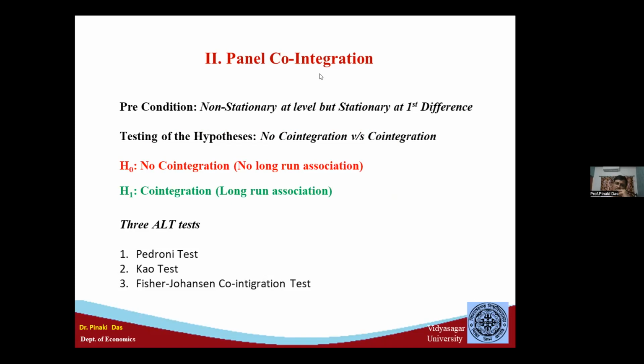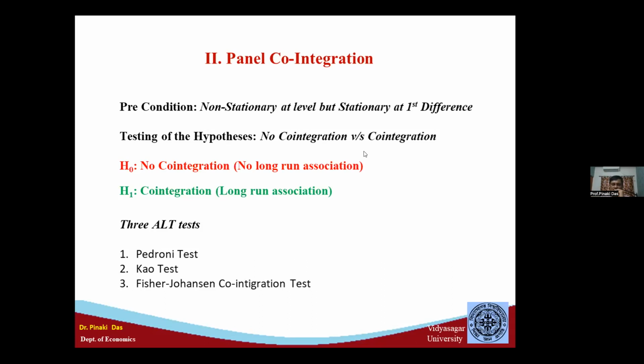But to perform it, the precondition is that my data is non-stationary at level, but stationary after the first difference.